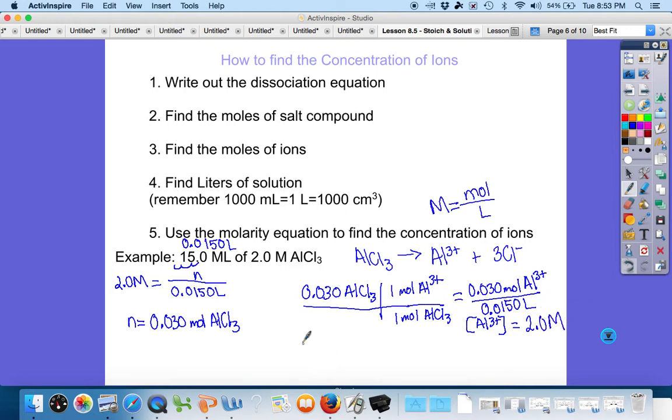Now do the same thing for our chlorine ions. 0.030 moles of our aluminum chloride, for every 1 mole of aluminum chloride, we have 3 moles of our chlorine ions.